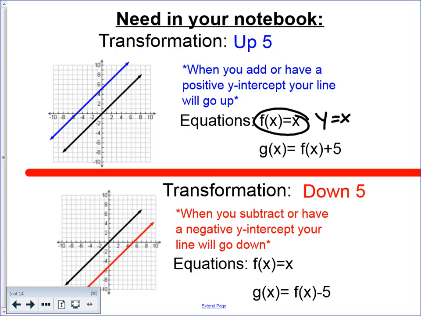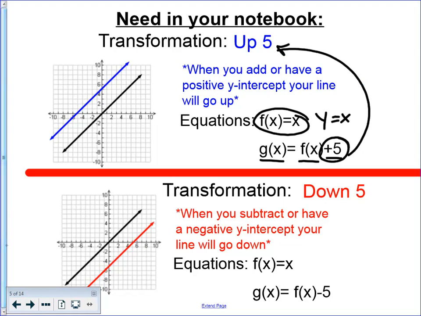Now, when I have a second function, we're going to name this g of x. And what we're saying here is g of x equals whatever f of x is plus 5. But what am I really focused on? This plus 5, because that tells me that I'm going up 5. So if I was asked what transformation occurred, I would say my line went up 5.